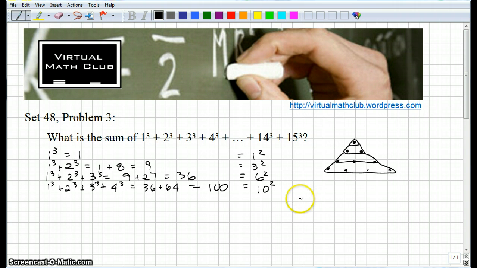If this pattern holds, then it really looks like the sum of cubes is equal to the square of a triangular number.